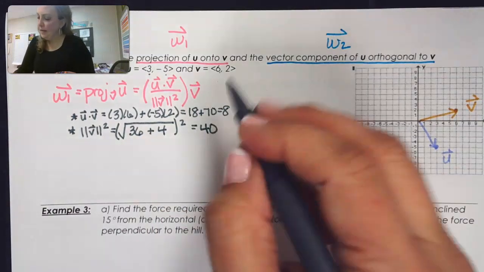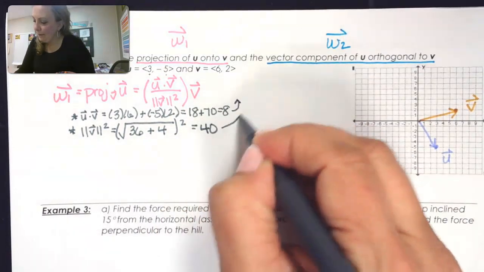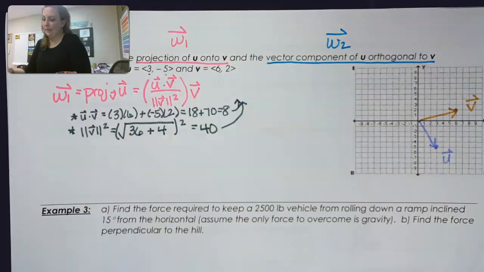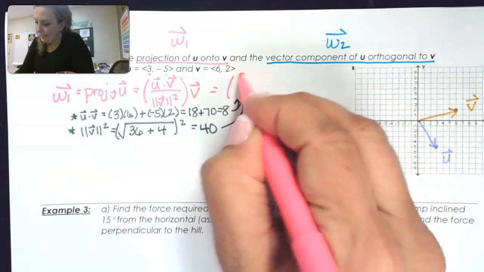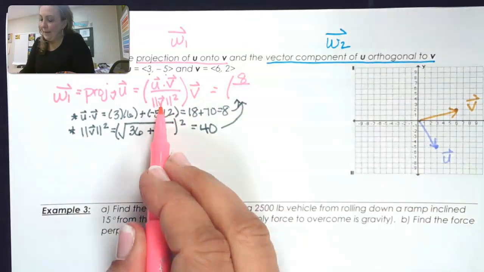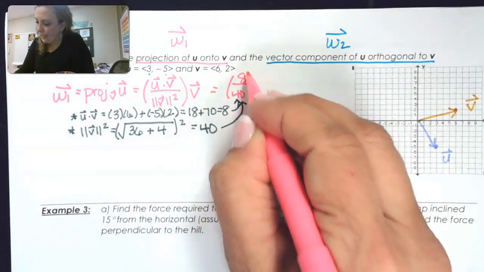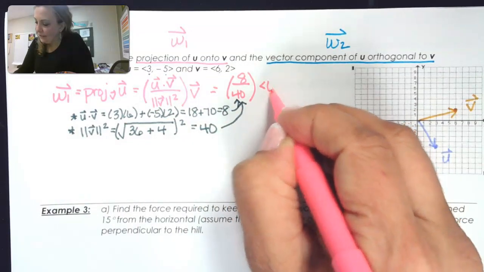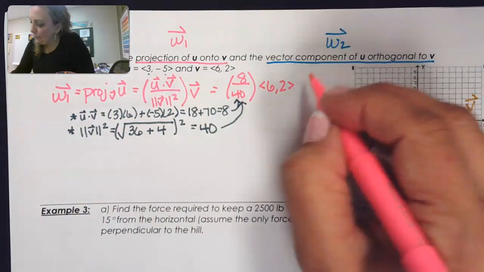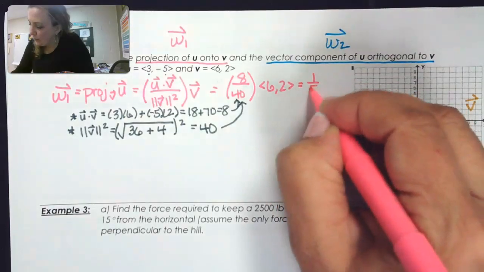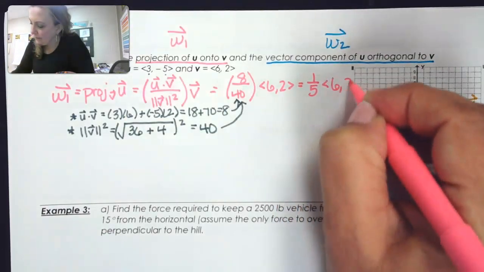Okay. So now I can put these back up into this formula. We said that U dot V was 8, and the magnitude of V squared was 40, and then we have this vector V, 6, 2. Well, 8 over 40 will simplify to 1/5.